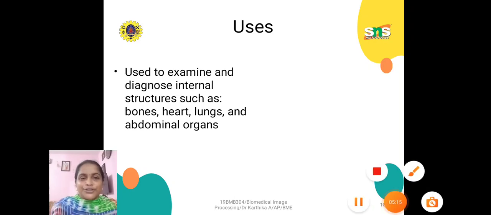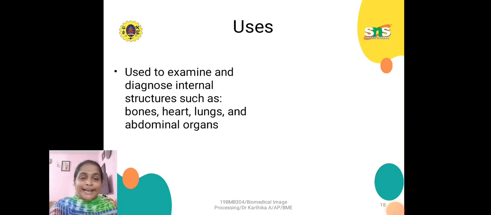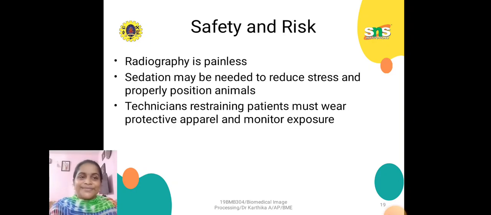And coming to uses, it is used to examine and diagnose internal structures such as bones, heart, lungs, and abdominal organs. We have to take some safety and risk measures. Radiography is painless. Sedation may be needed to reduce stress and properly position animals and humans. Technicians restraining patients must wear protective apparel and monitor exposure.